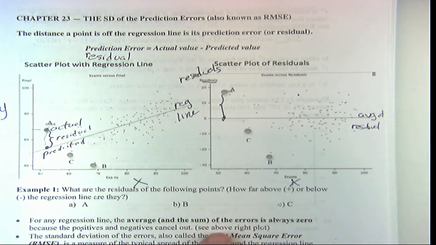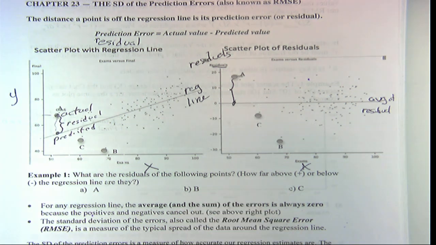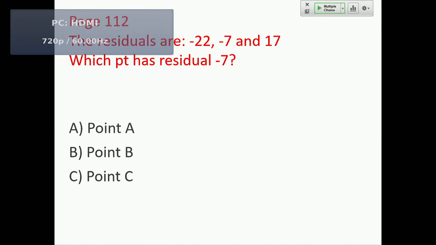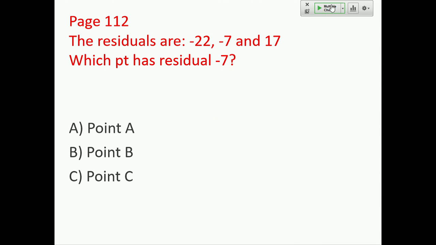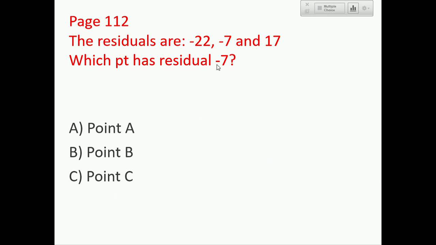That's 0. So let's do an iClicker here, and I'll give you options. Get your iClickers out. Here are your options. Which one of these points do you think has residual -7? Point A, point B, or point C?